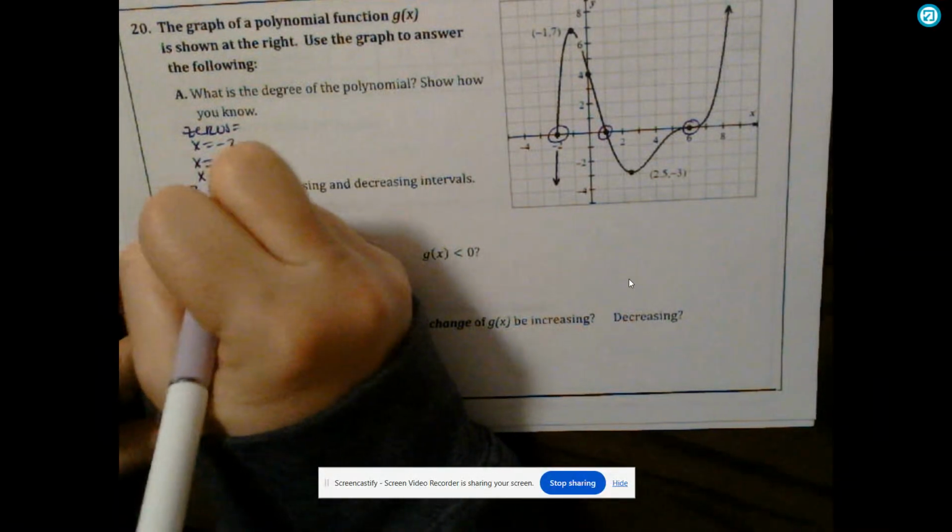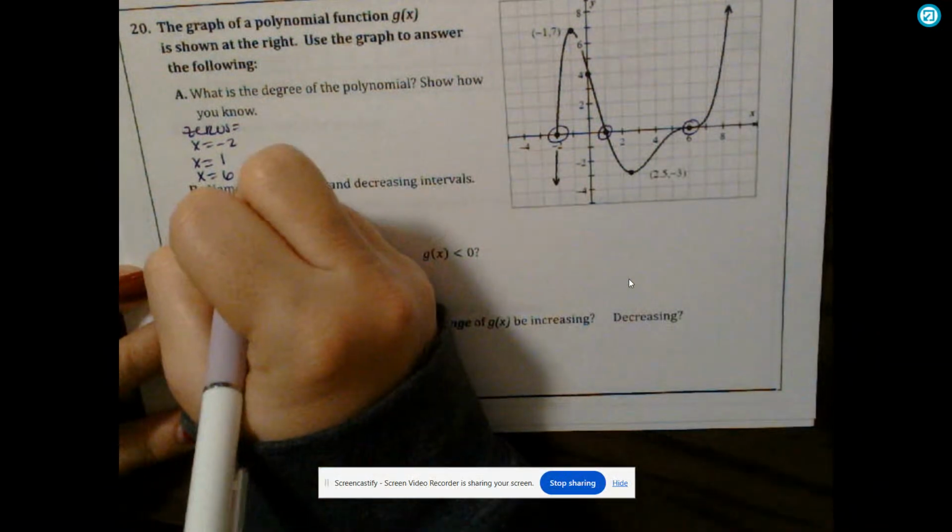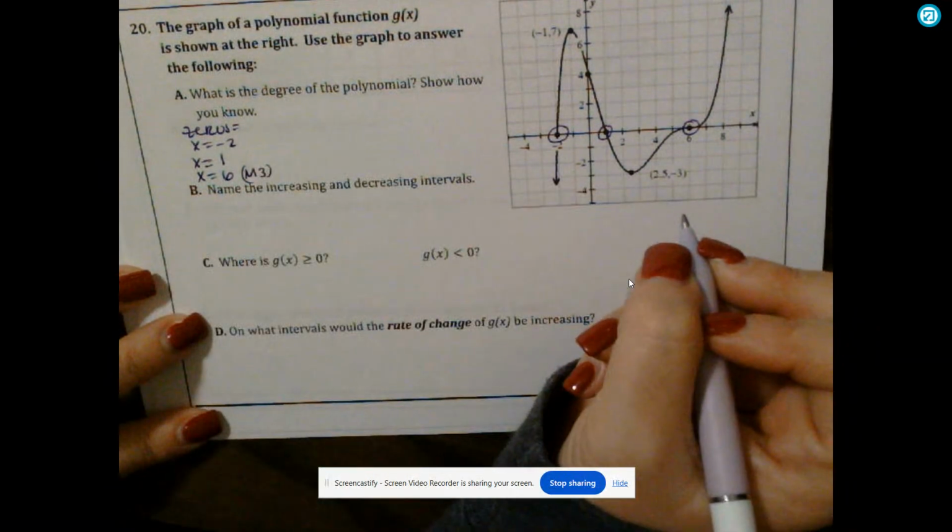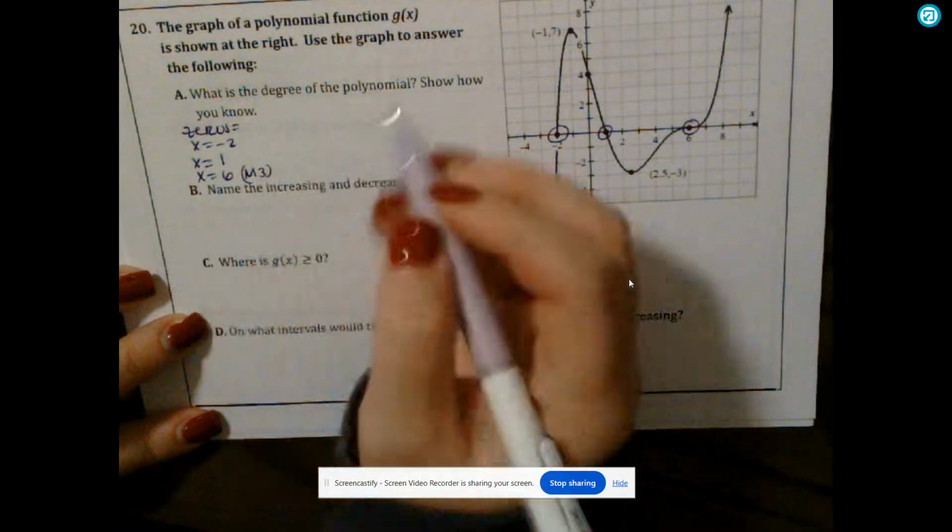At 6, we notice it sits, so that's going to give us a multiplicity of 3. So that's 1, 2, 3, which is 5 total.